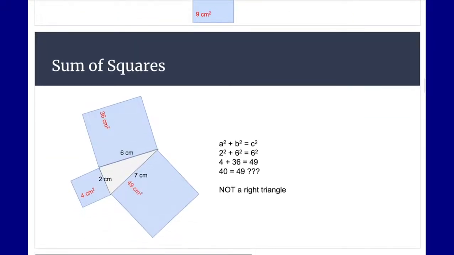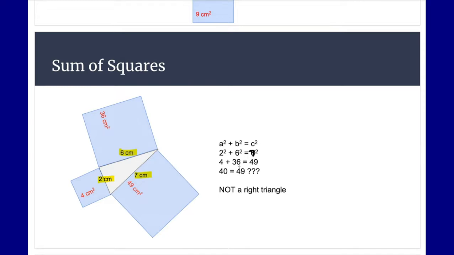We can see in the second triangle, if we try the formula a squared plus b squared equals c squared, we have our sides. Generally speaking, we would assume the smallest sides, we have a little typo here, that 6 squared plus 2 squared should equal 7 squared if there is a right angle.